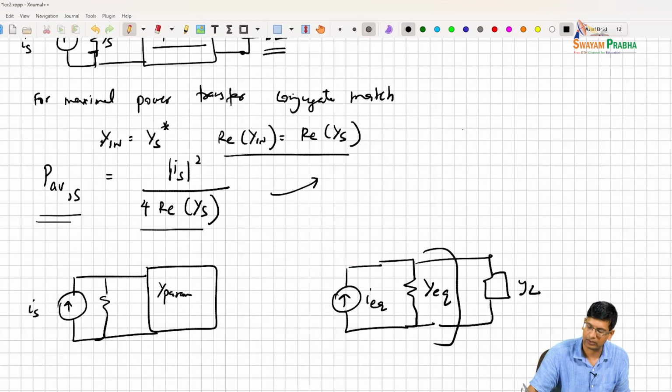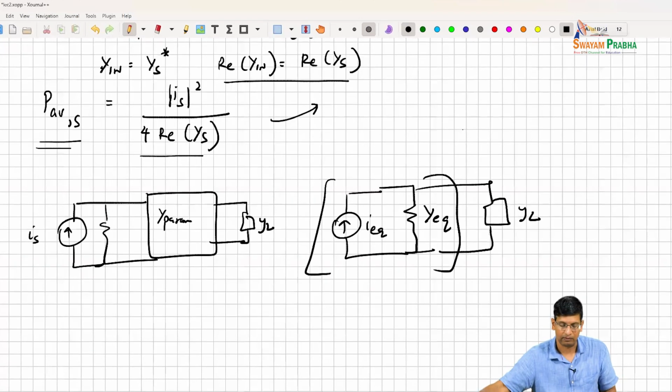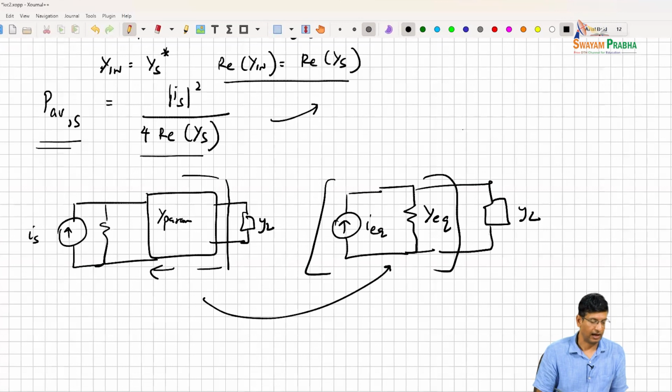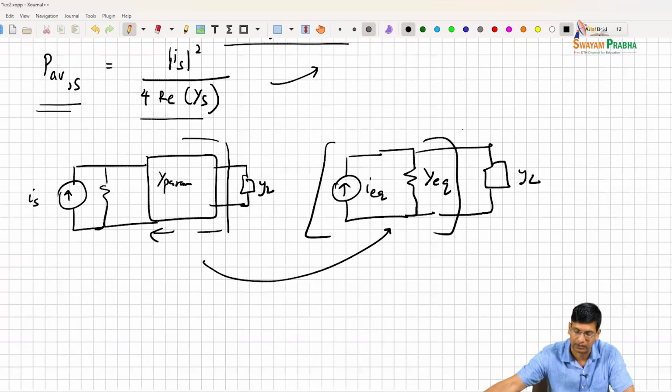So I'm trying to find the model of this when it is driving my Y load, and try to model this part over here with this. In order to find that, you can just short circuit the output in order to find out what IEQ is.